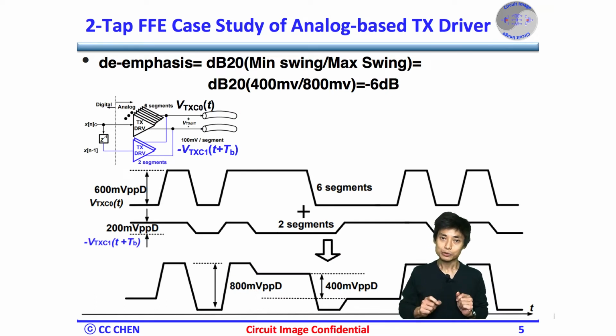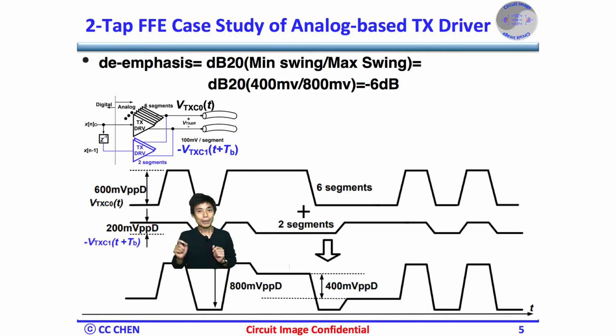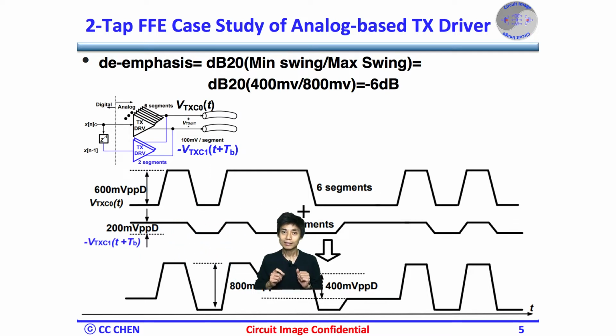Through simple proportional math, we make the main cursor, with zero delay, drive the non-inverted data into 6 segments, or 600 mV sub-drivers, and make the post cursor, with 1 UI delay, drive the inverted data into the remaining 2 segments, or 200 mV sub-drivers.